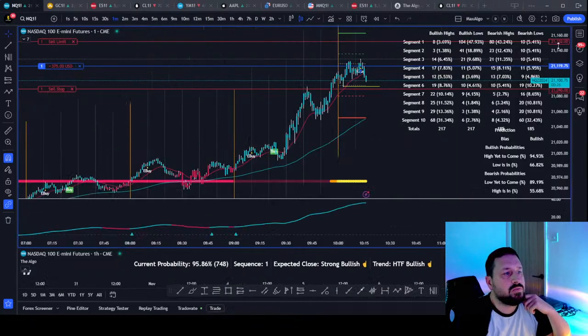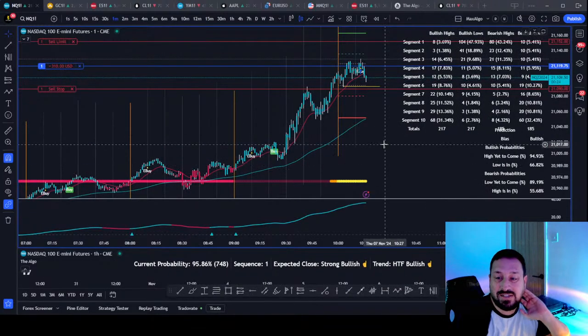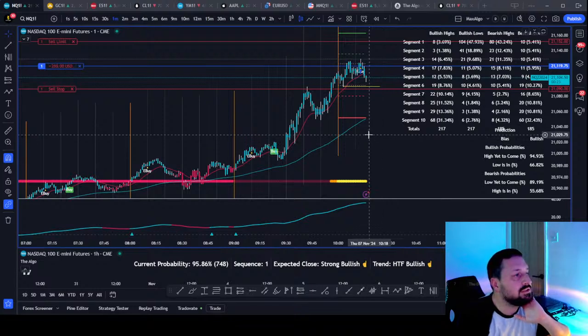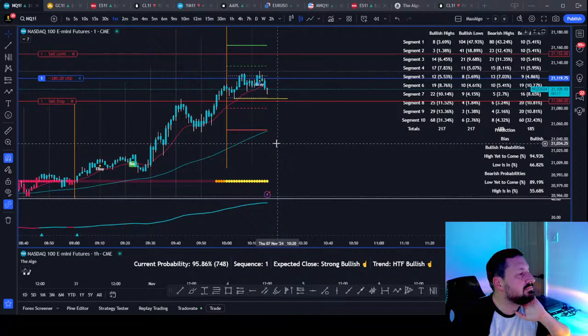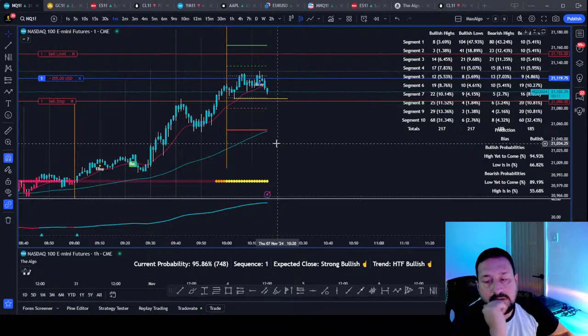We haven't got a huge probability in our favour, right? 66%. I do like to be above 70%. If you think about it, there's still a 33% probability the low goes. Still quite high.